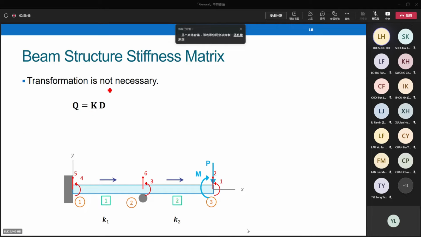Transformation is not necessary because we are having the same coordinate systems. So after constructing the structure series matrix, you can put it into these equations.